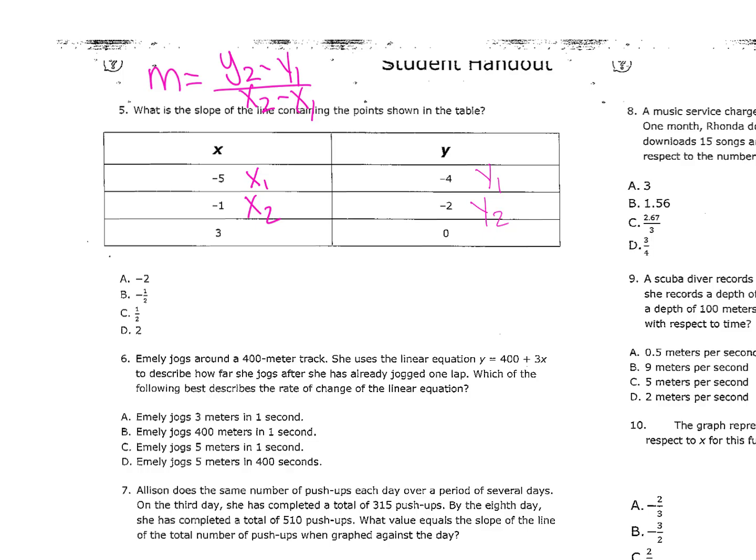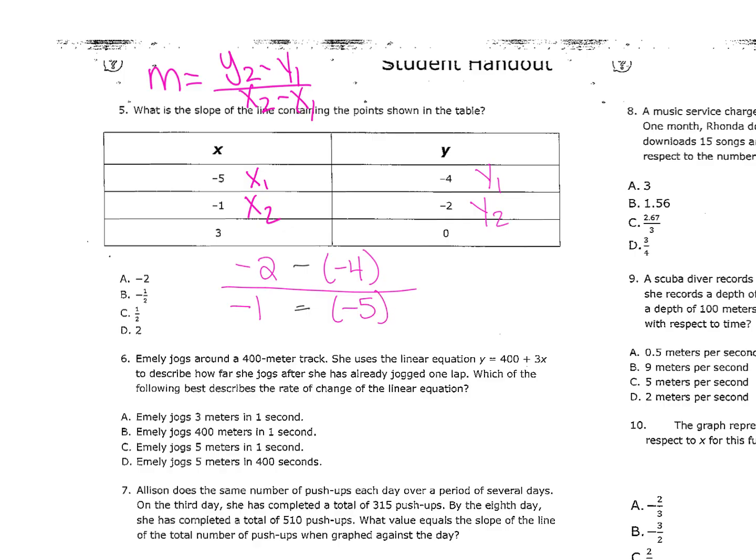So my y2 is negative 2, minus my y1 is negative 4, all over my x2, which is negative 1, minus my x1, which is negative 5.